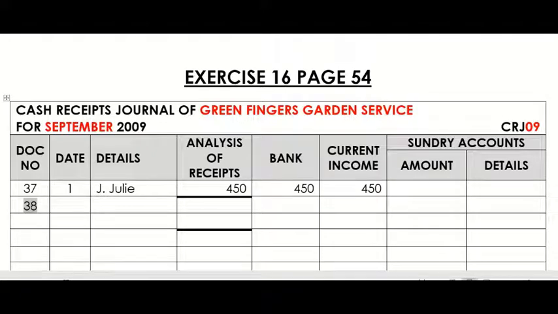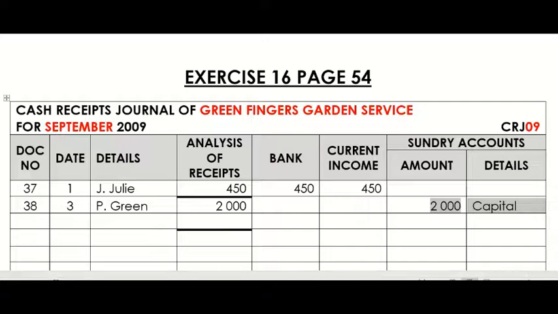Okay, so receipt number 38 on the 3rd will go to P. Green for 2,000 Rand, but because it's not the only transaction for the day, we can't cash up our till yet. So you can't put the money in bank yet. We have to, however, still specify what the money was for. It was not for current income, so you won't write it in this column. It was for capital, but capital doesn't have its own column, so it has to go to sundry accounts, and you have to specify that it is for capital.